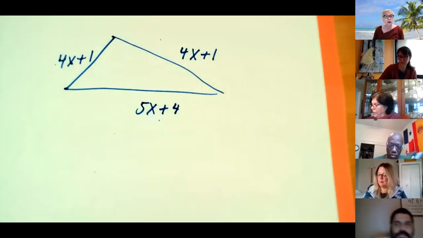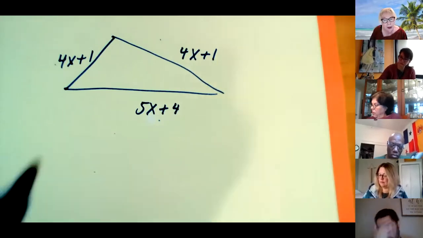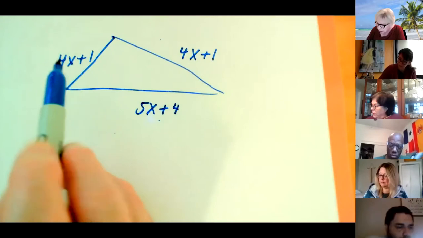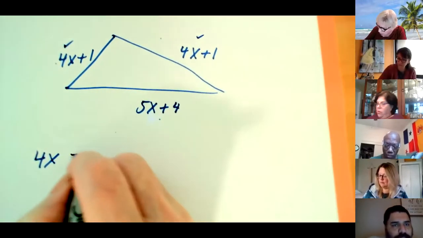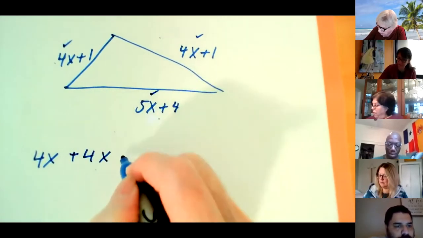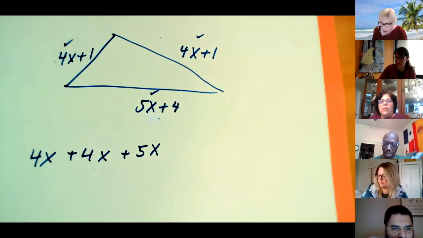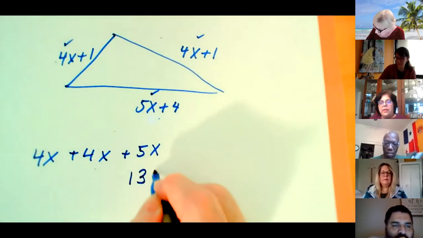It's a triangle. There's 3 sides to add. And so what you have to do is add the like terms. So I would add the X's. There's 4X here and 4X here and 5X here. Those are like terms. And so 4 and 4 is 8 and 5 is 13X.